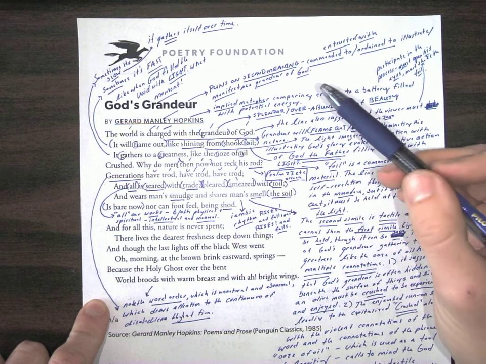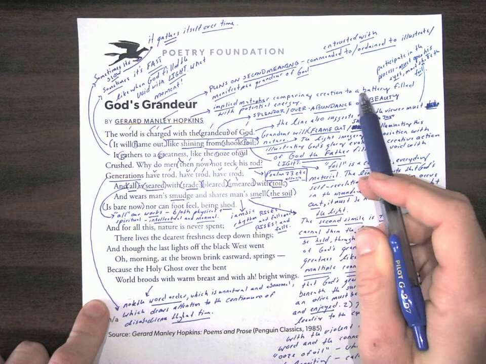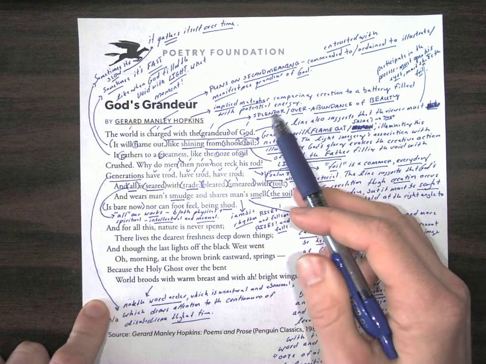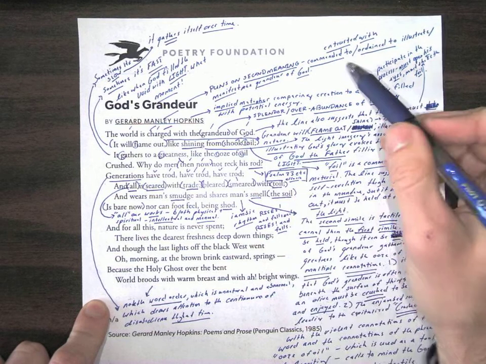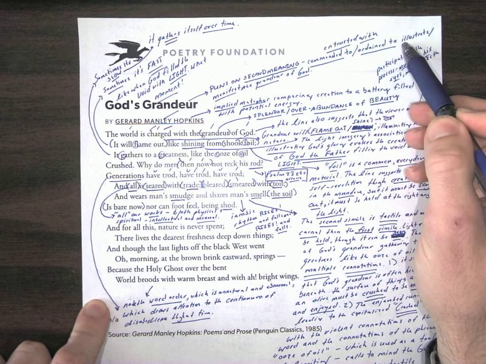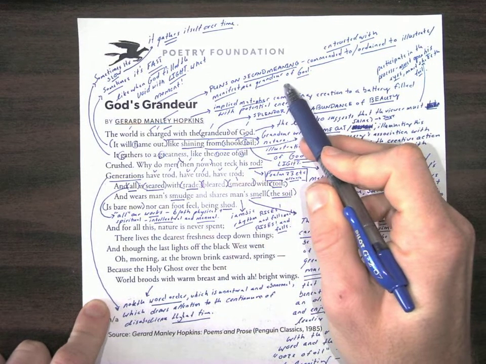So in the same way, the world is charged. It's not only filled up with potential energy, like a battery. It's also been entrusted with, or commanded to, or ordained to illustrate and manifest the grandeur of God.